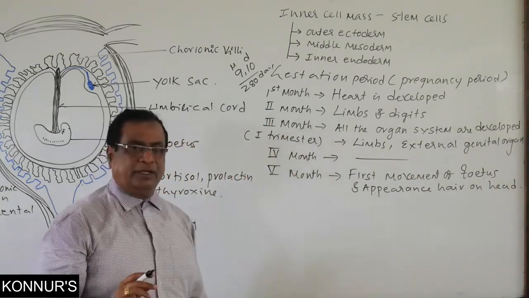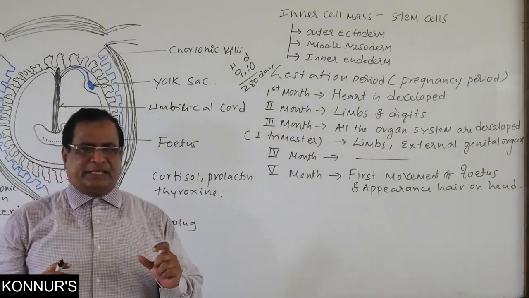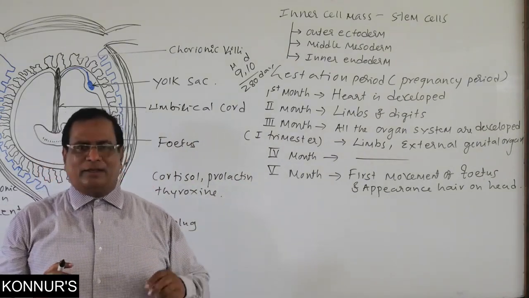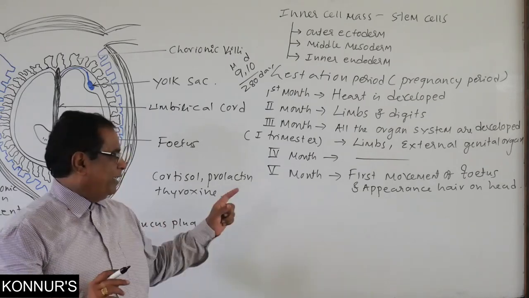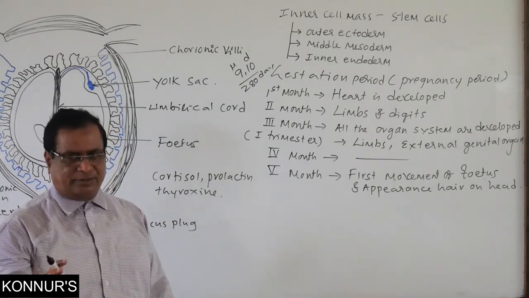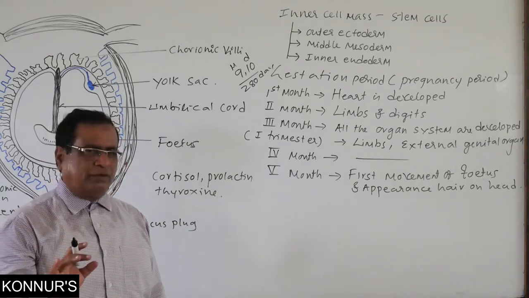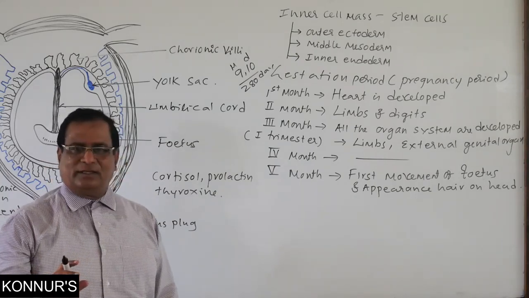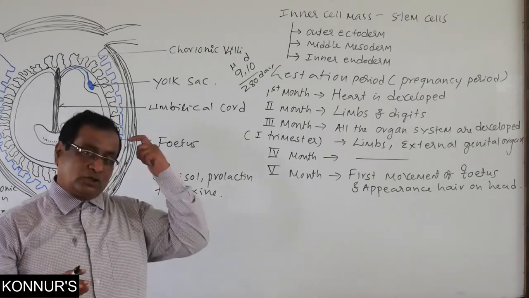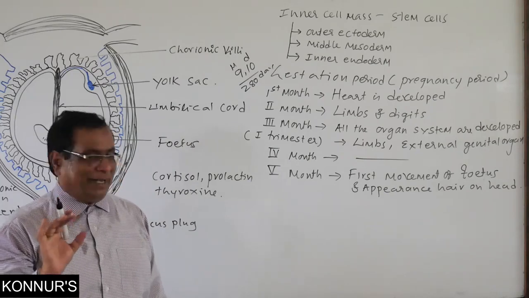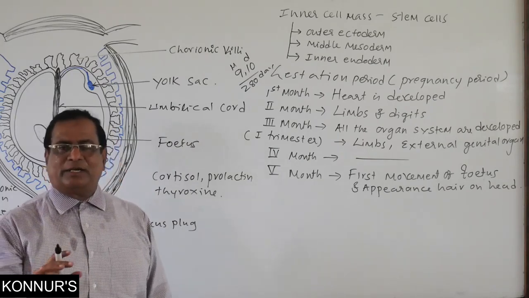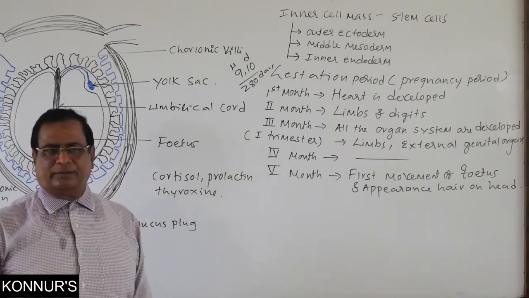In the fifth month, the fetus, the embryo, starts moving. It's the first movement we observe when the fifth month comes, the first movement of the fetus in the uterus, and also the appearance of hair on the head. Hair starts appearing in the fifth month.